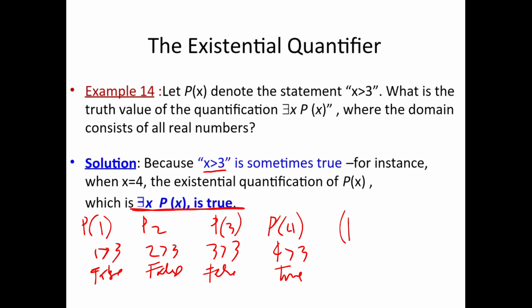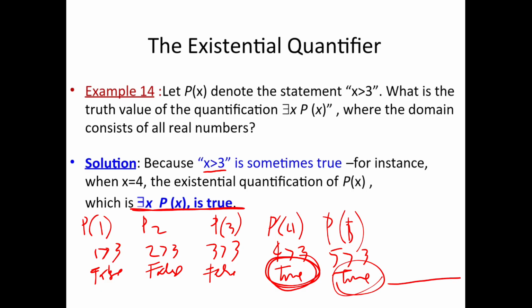And then p of 5, 5 is greater than 3, true. So makita nato na even though isa lang siya ka true, isa, duha, or mas taas pa, true na siya. So there should be at least one or more elements for it to become true. So again, that is the existential quantifier.